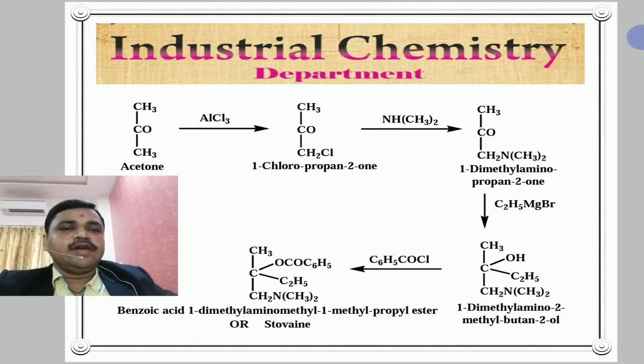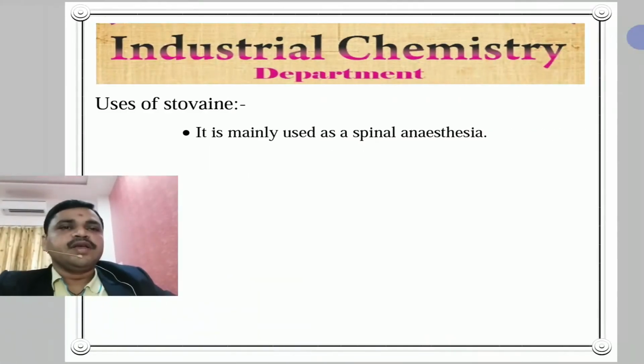Chemically, it is known as benzoic acid 1-dimethylaminomethyl-1-methylpropyl ester. So from this route we synthesize Stovaine from acetone. Now the medicinal application of Stovaine: it is mainly used as a spinal anesthetic. This is the synthesis and medicinal application of Stovaine.